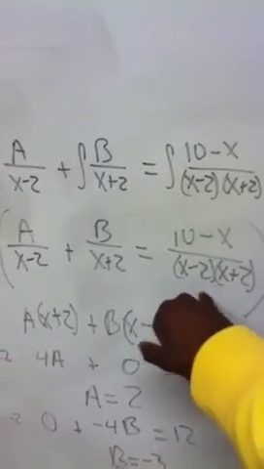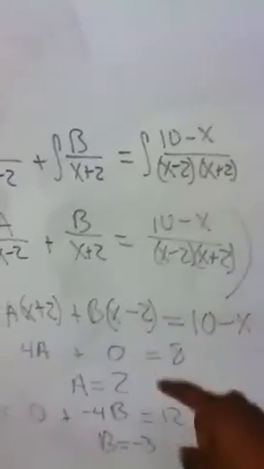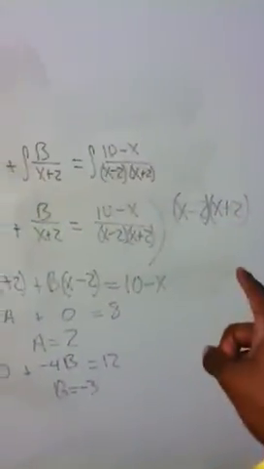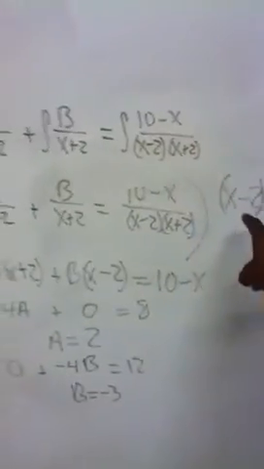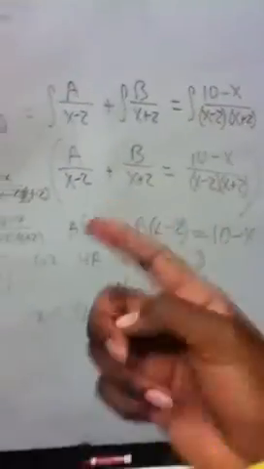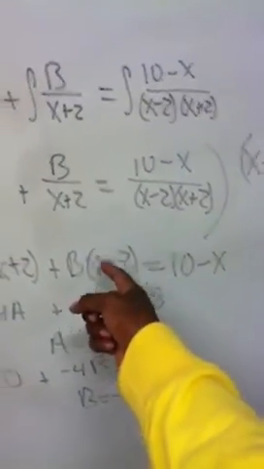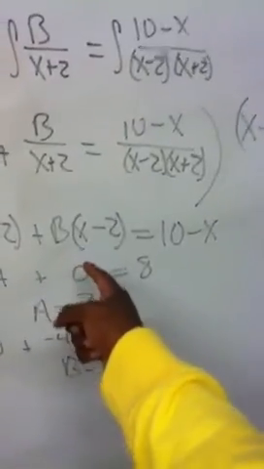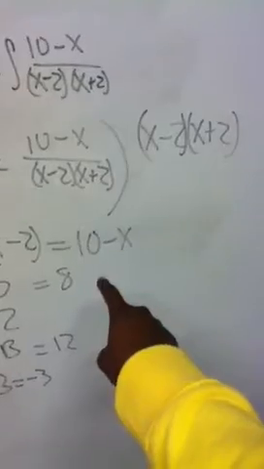The denominator in this case is x minus 2 times x plus 2. So you multiply everything in your equation by x minus 2 times x plus 2. When you do that, the x minus 2 cancels out with the x minus 2 here, which leaves you with a times x plus 2. The x plus 2 and x plus 2 here will cancel out to leave you with b times x minus 2. And they both cancel out here to leave you with just 10 minus x.